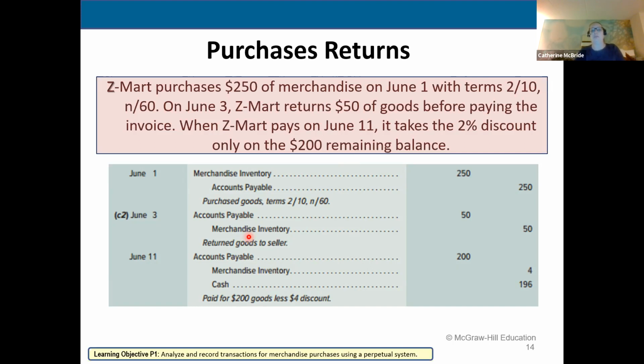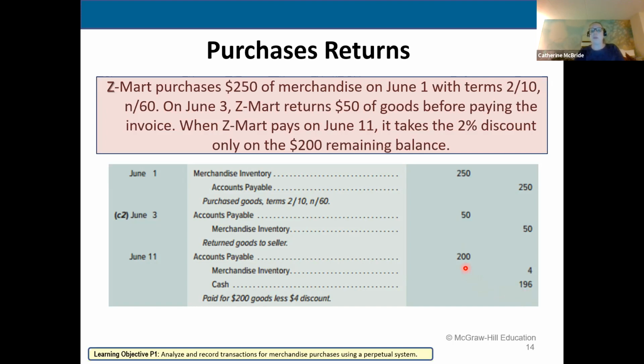Then we're going to pay on June 11th and take a 2% discount. Okay, so we started with $250 in accounts payable. We reduced it $50 for what we returned. So our new accounts payable balance is $200. A 2% discount is a $4 discount. So we're going to write the check for $196.